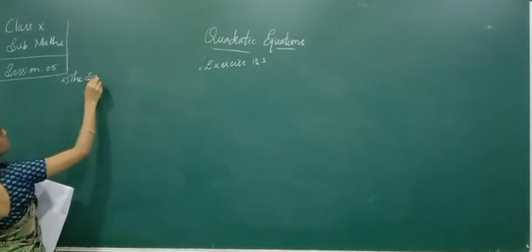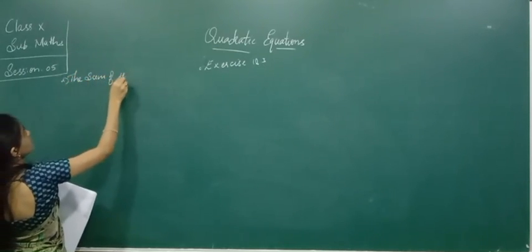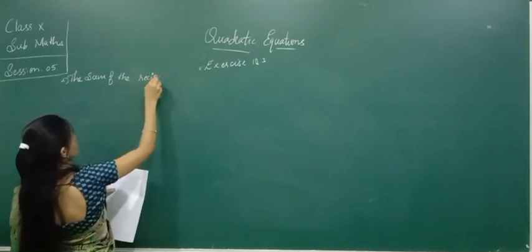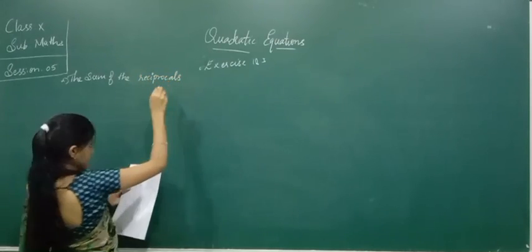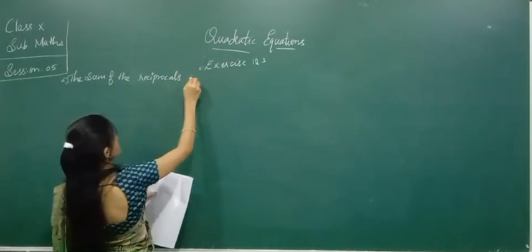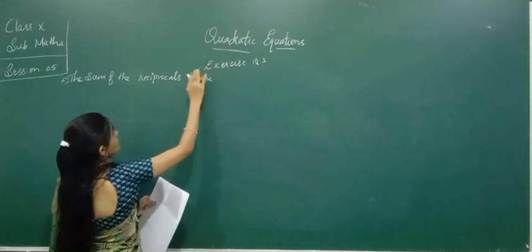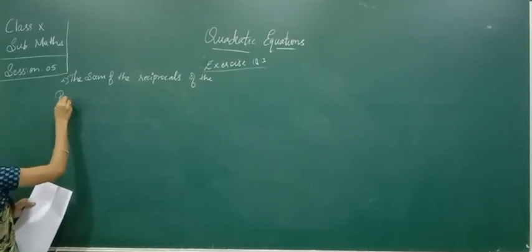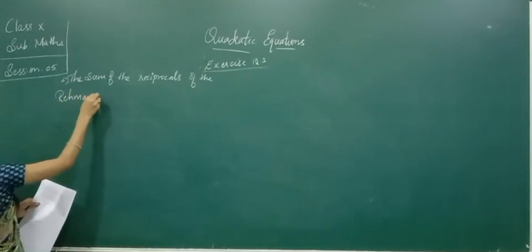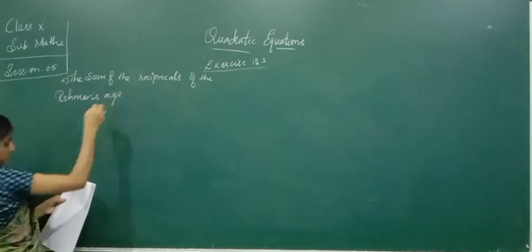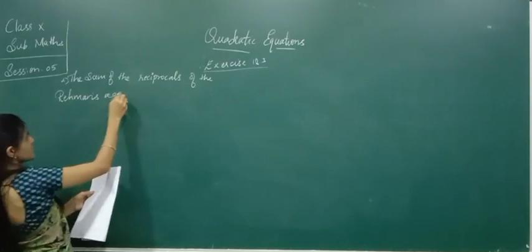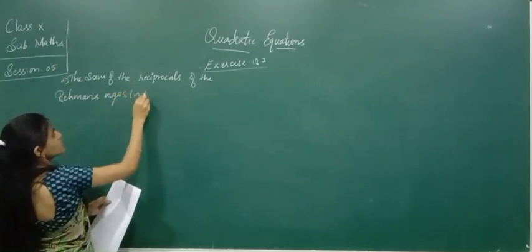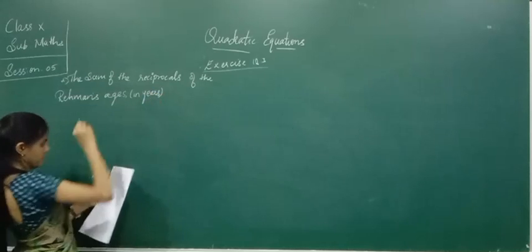The sum of the reciprocals of the Rahman's ages, okay. In years, ages is obviously measured in terms of years, no?